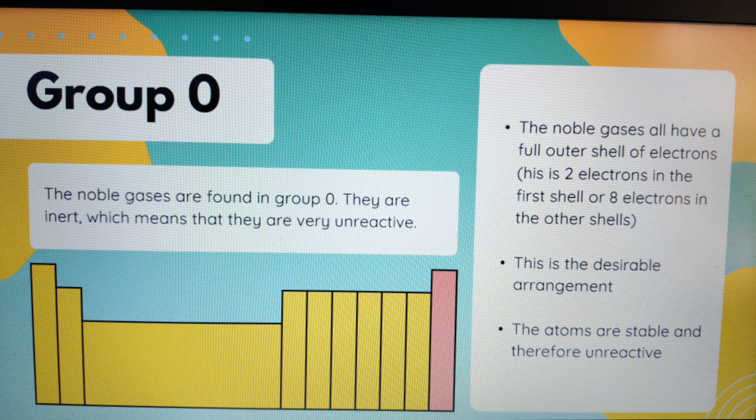So please underline and write there. Inert means not ready to react with anyone, which means they are highly unreactive. They are definitely highly unreactive because they are not ready to react. The noble gases all have a full outer shell of electrons. If you have the desired amount of money that you need, will you go and beg someone, or will you give your money to someone?